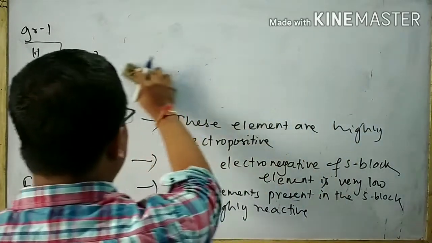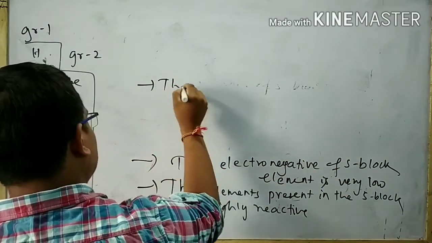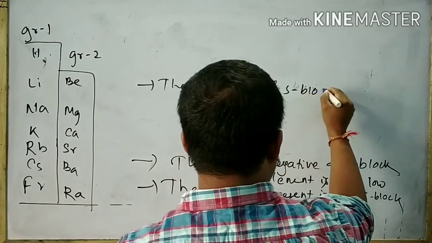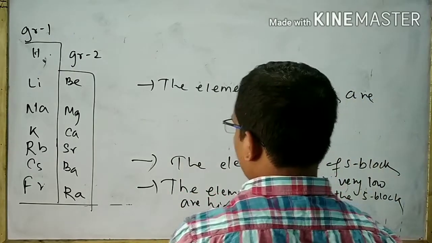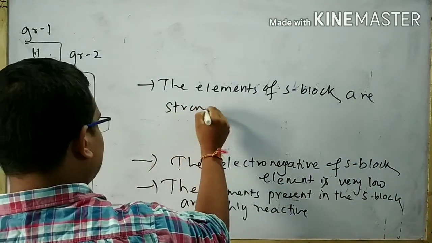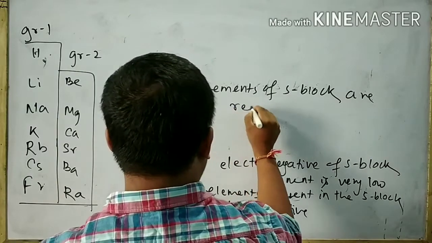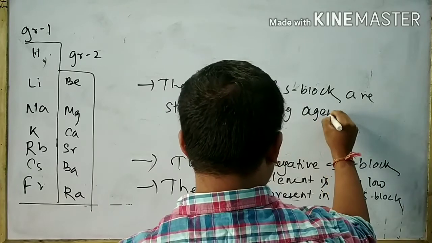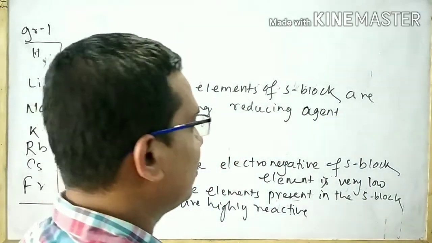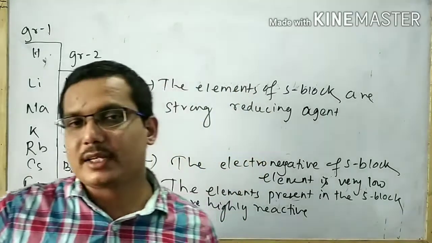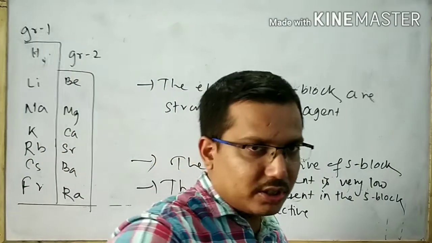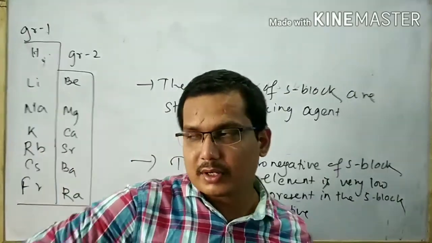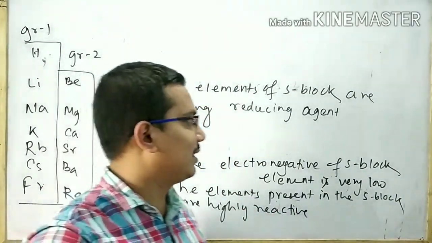Next point, the elements of s block are strong reducing agents. Strong reducing agent because it helps the reduction. What is a reducing agent? The agent which helps for the reduction is called a reducing agent. Similarly, the reagent which helps for the oxidation is called an oxidizing agent.